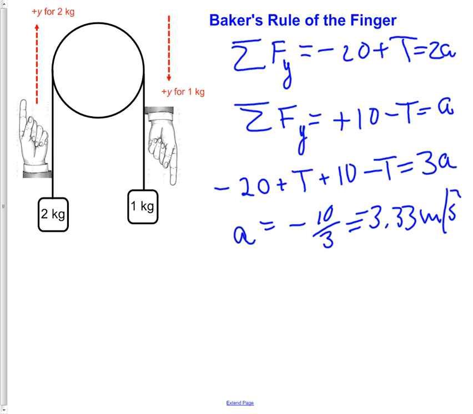Okay. Why did I get a minus sign this time and I got a plus sign before? Because the thing that I called a before was this guy's acceleration, and I have flipped the direction of his coordinate system, so it all means the same. Of course, I would get T the same as well. Okay, that's the Atwood's machine, and it's Baker's rule of the finger as well.